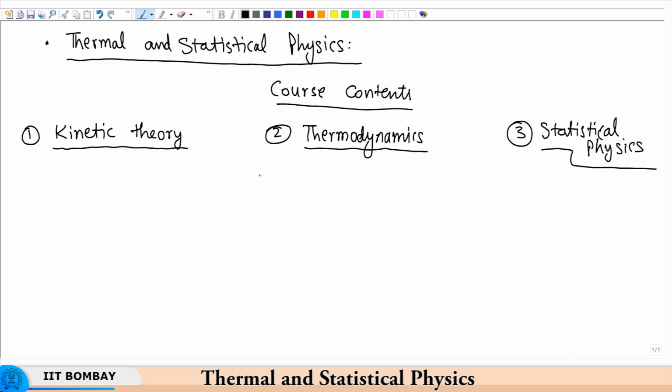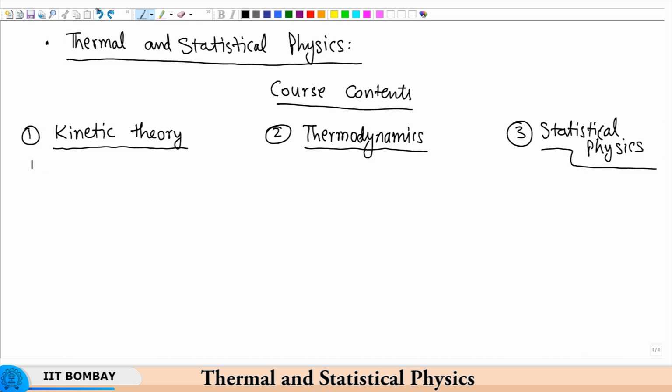So, in kinetic theory, we will essentially do the same thing that I just told you about, which is impossible and unnecessary, right. We will apply the ideas of classical mechanics on every individual molecule, right.